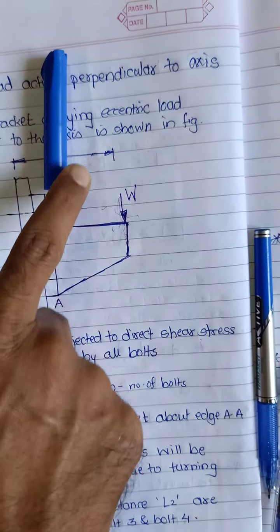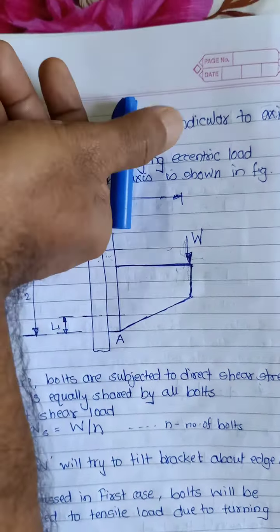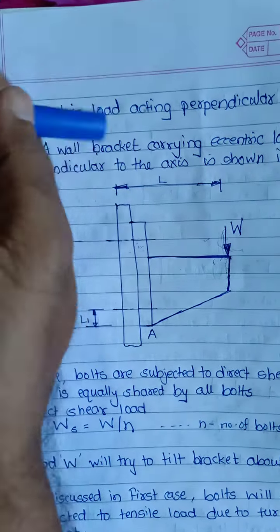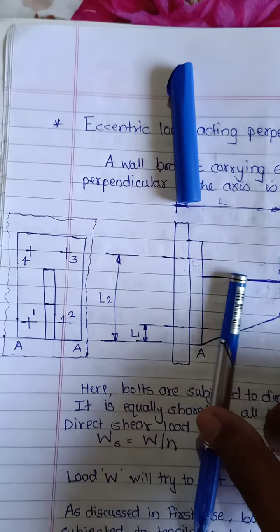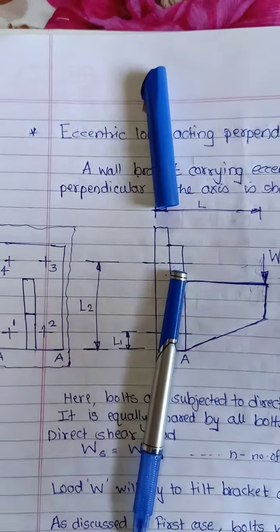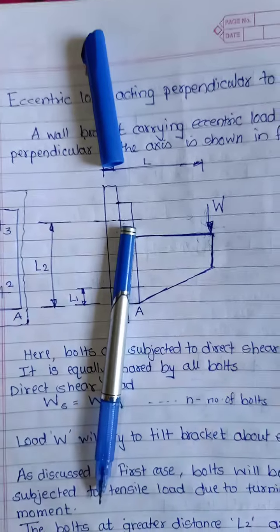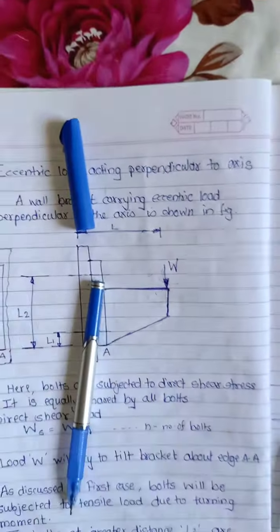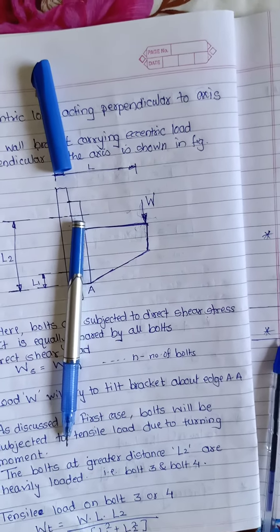But the resisting area is perpendicular to the axis. We know that when the resisting area is perpendicular to the force, the stress is tensile stress, so it will fail because of tension. That was the case in the first type of problem we have seen.